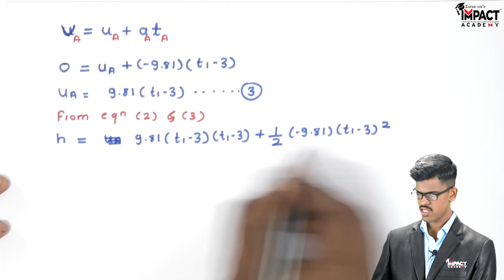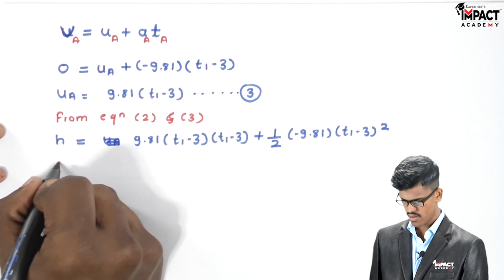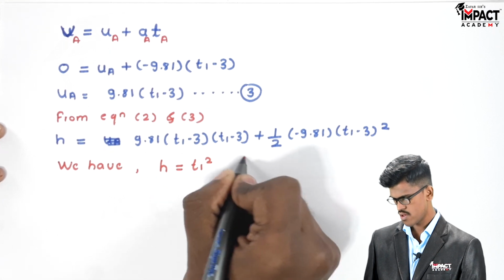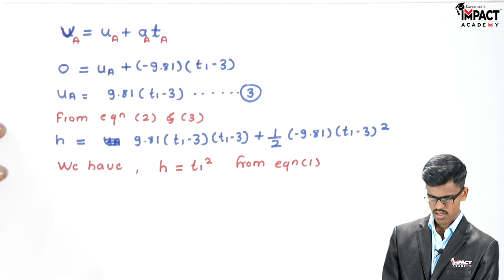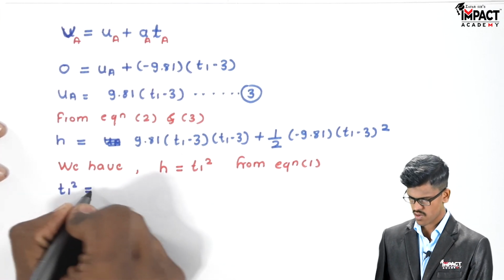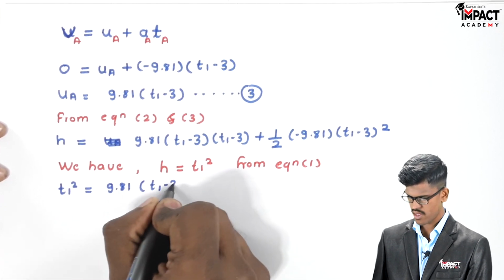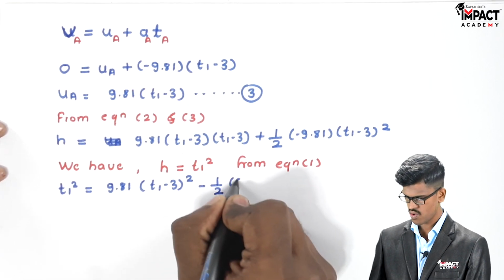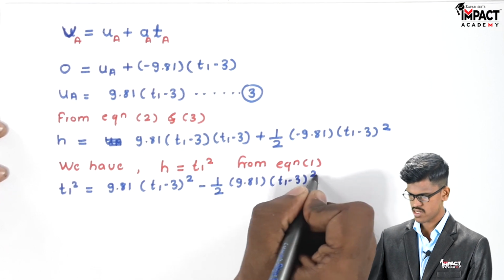If we solve this equation, we also know h is equal to t1 square from equation 1. So we get t1 square is equal to 9.81 into t1 minus 3 square minus half into 9.81 into t1 minus 3 square.